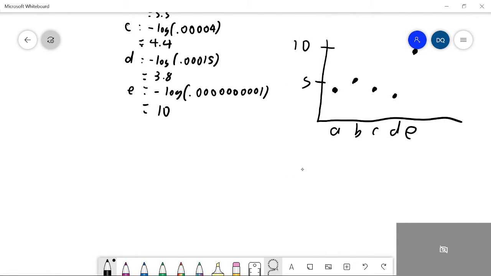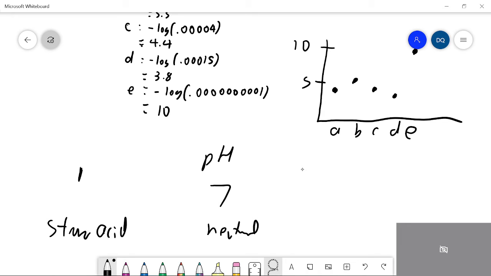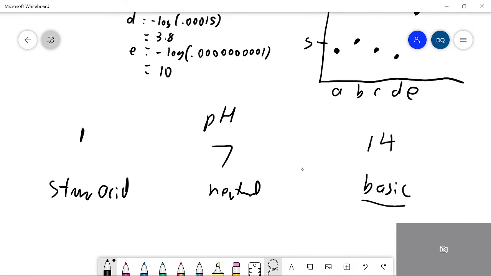So in chemistry, you learned that a pH value of 7 is neutral. A low number is a very strong acid. And a high number, and a high number on the pH scale is 14, that's a basic chemical. And by basic, I don't mean simple, I mean one that's alkaline.